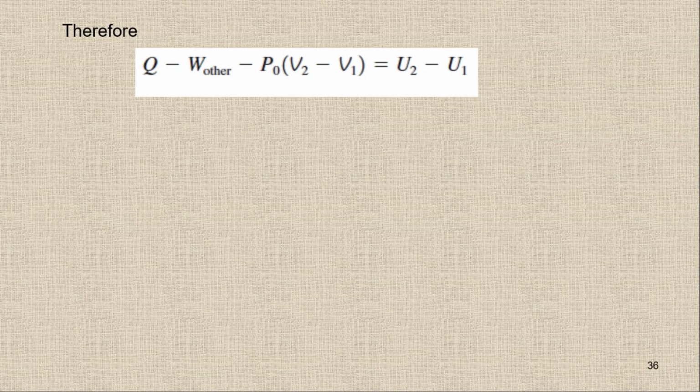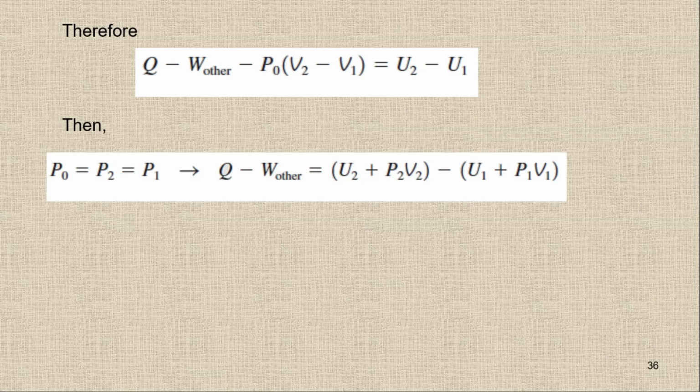Now if I shift the boundary work from the left-hand side to the right-hand side, by combining I can rewrite it as U2 plus P2 V2 minus U1 plus P1 V1.